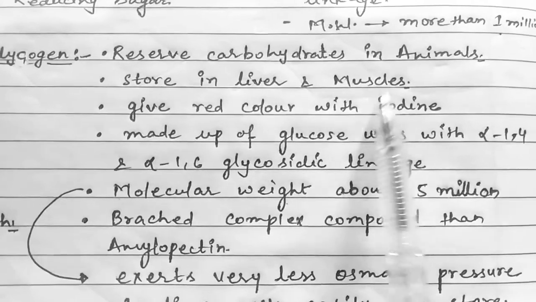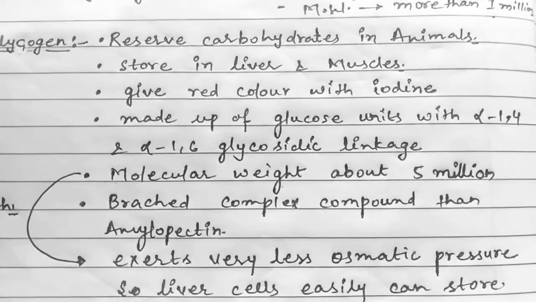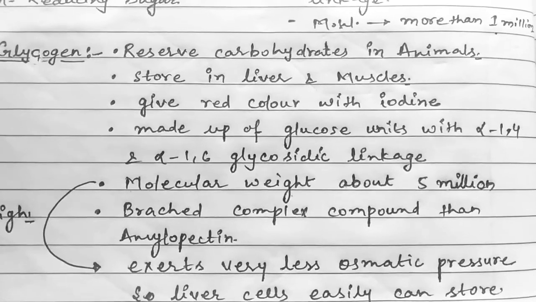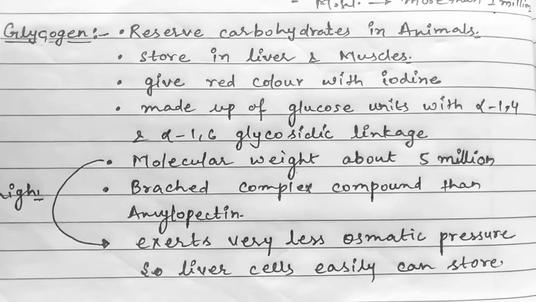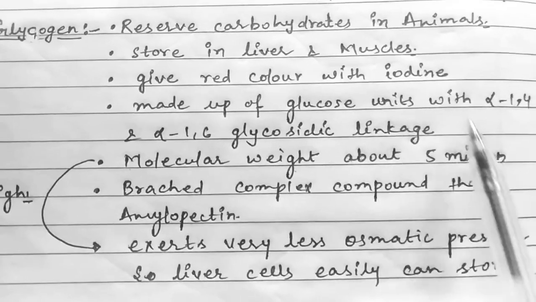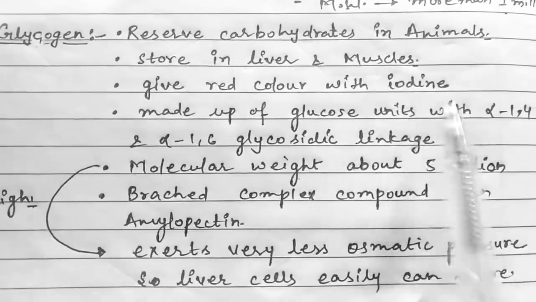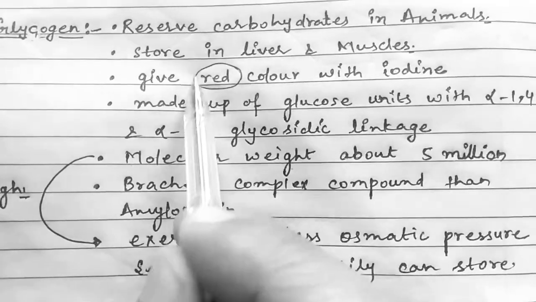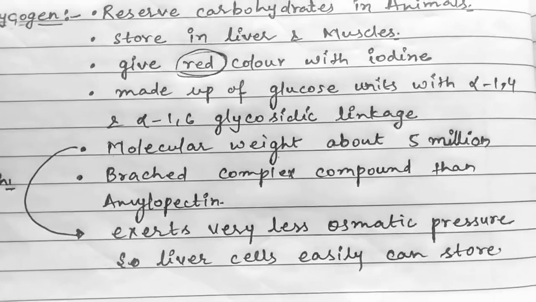And whenever our body requires it, glycogen converts into glucose; we will talk later about this metabolism of glucose. Then student, when we treat the glycogen with iodine solution, it gives red color, while starch gives blue color.